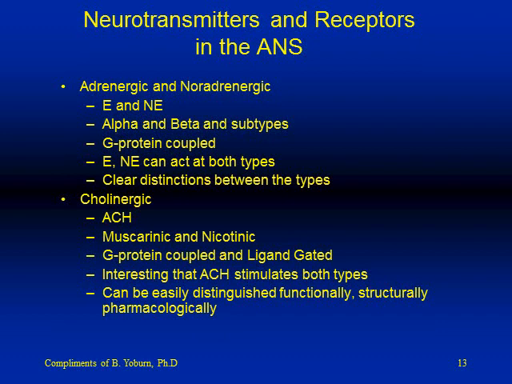And so, when we look at the neurotransmitters and the receptors in the autonomic nervous system, we have those which can be considered adrenergic and noradrenergic. These are the receptors that will bind to epinephrine and norepinephrine. These receptors are categorized as alpha or beta receptors, and they are G-protein coupled receptors.